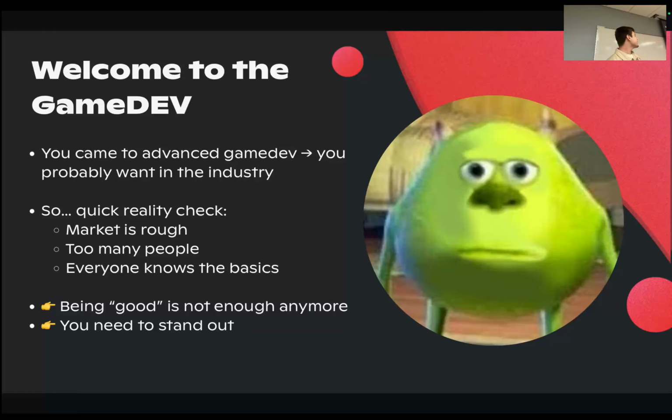So, quick reality check. The market is rough right now. There are too many people and not so many companies. As you know, many teams who develop games are closing more and more.